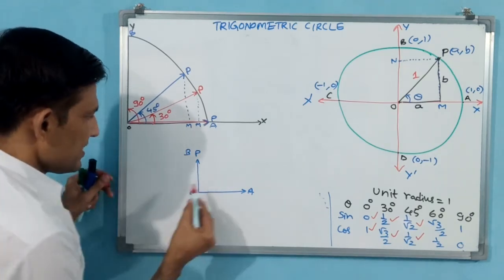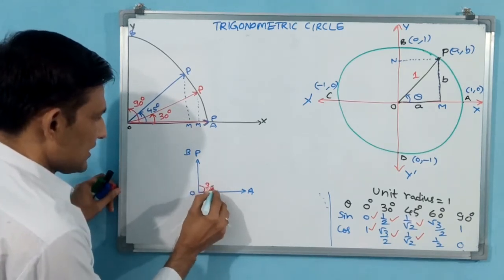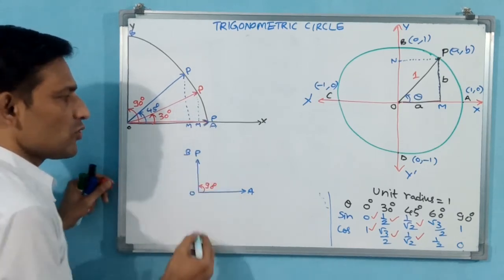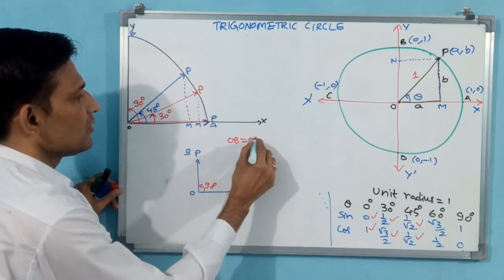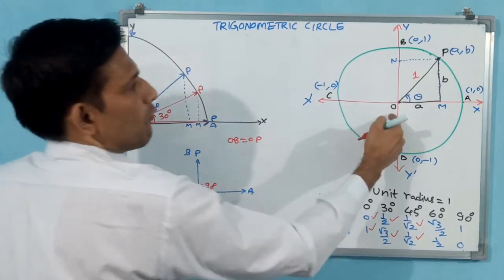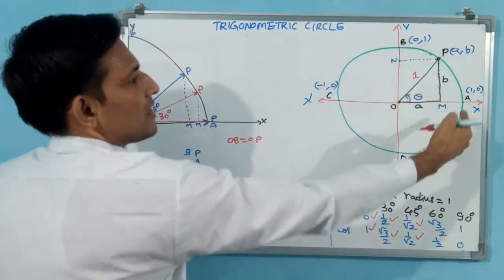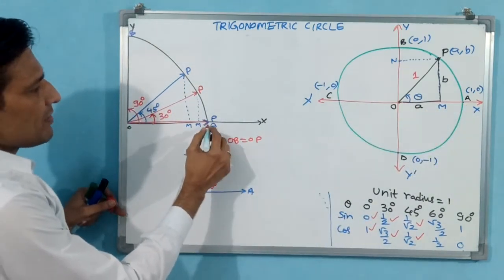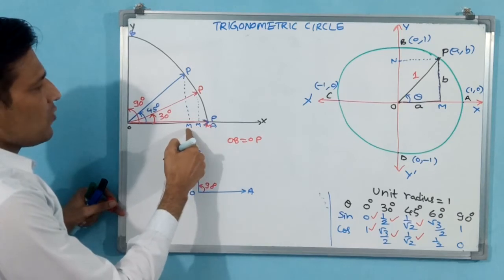Now this is 90 degrees. Okay, 90 degrees. Now OB is equal to OP. You write here OB is equal to OP. But what about M? See, I said earlier, see M earlier it was here. Now here, now here, now here.